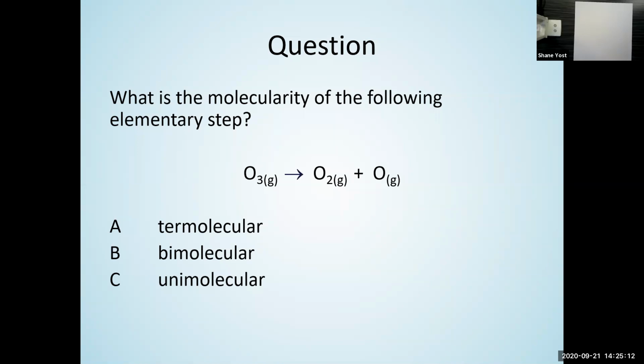And so it's just a very slow reaction typically if you have a termolecular elementary step, and it is just not common in most reaction mechanisms. For most reactions, your elementary steps are unimolecular or bimolecular. Okay. That doesn't mean that termolecular steps don't exist, just they're not as common.